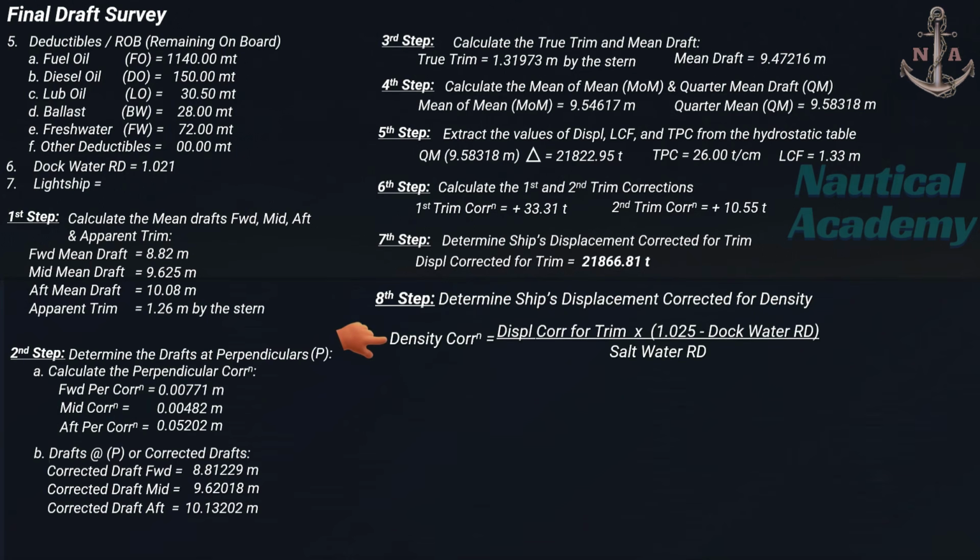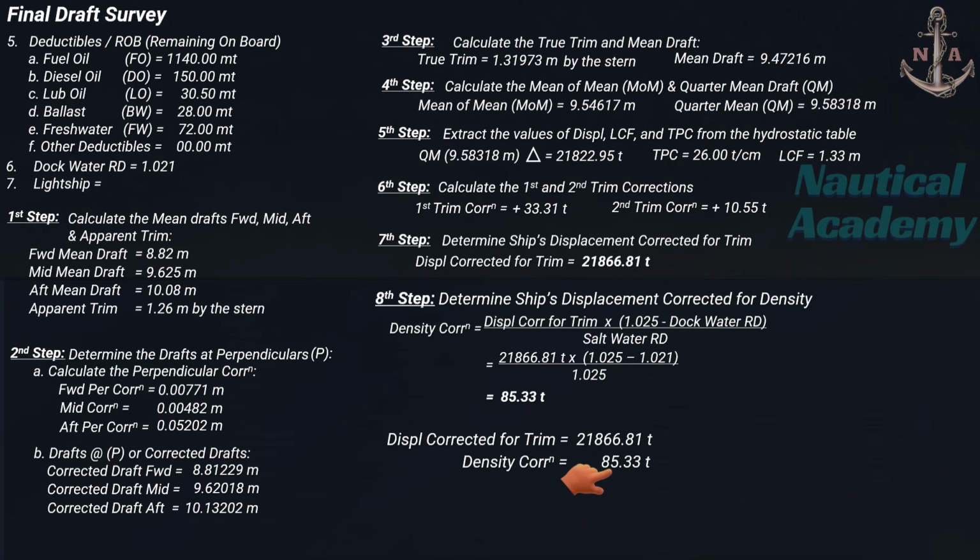First, calculate the density correction using this formula. The displacement corrected for trim is 21,866.81 metric tons, and the dock water density is 1.021. This gives a density correction of 85.33 metric tons. Next, apply the density correction to the displacement corrected for trim.